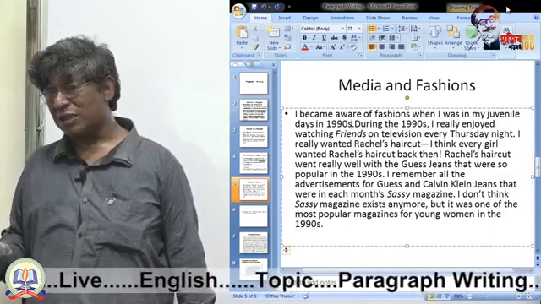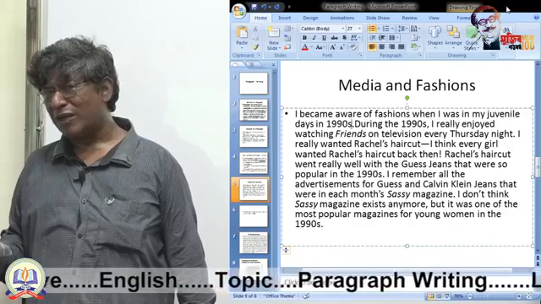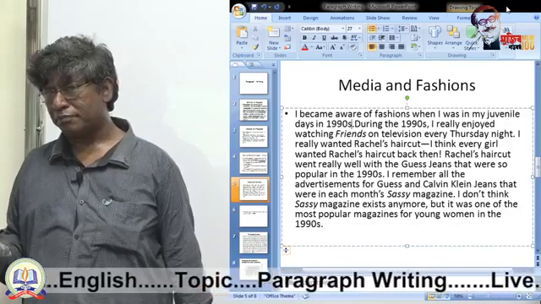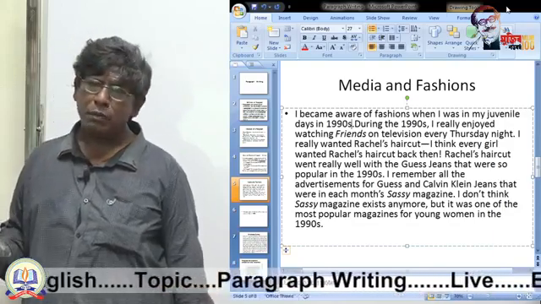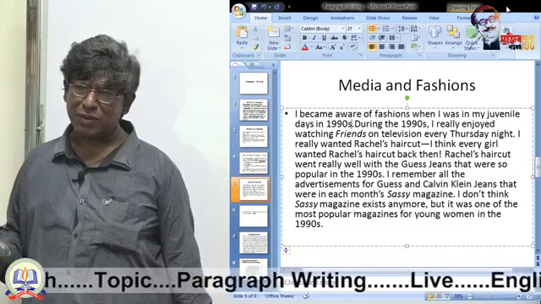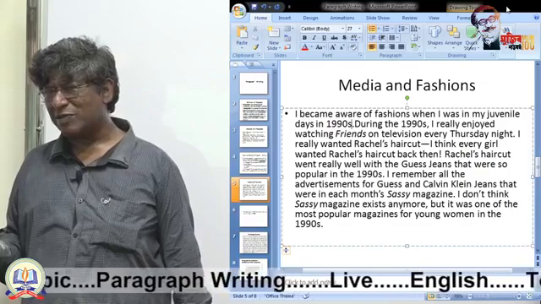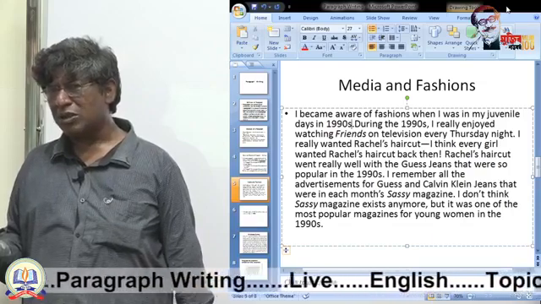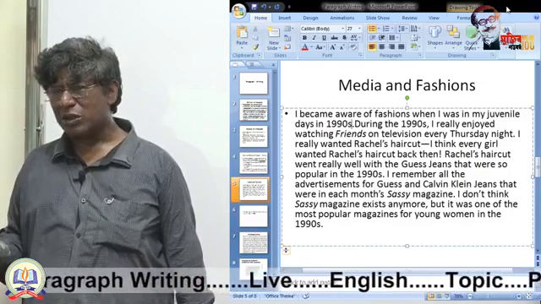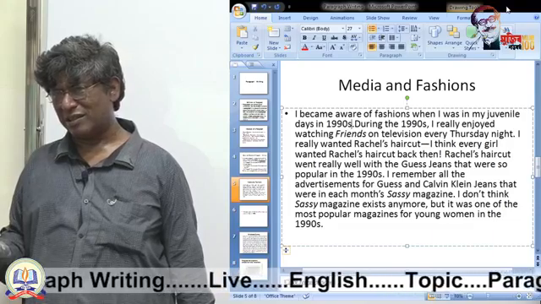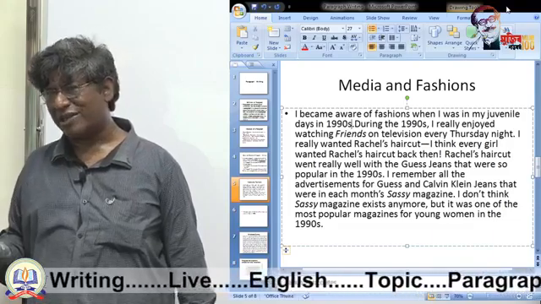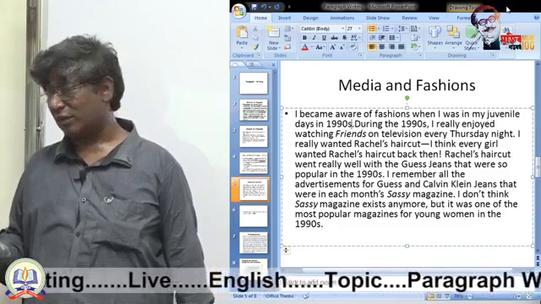In other words, open paragraphs are often subjective, and structured paragraphs are often objective. This is a subjective paragraph because the writer's personal experiences or emotions or ideas are involved in it.